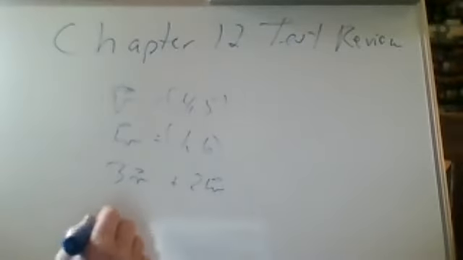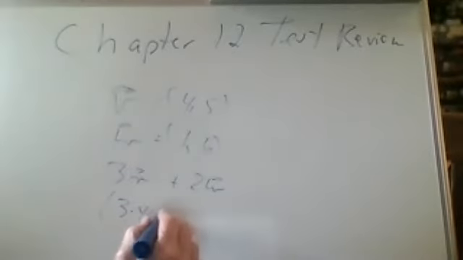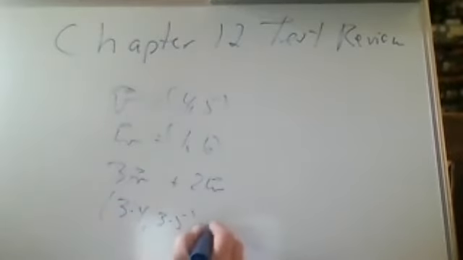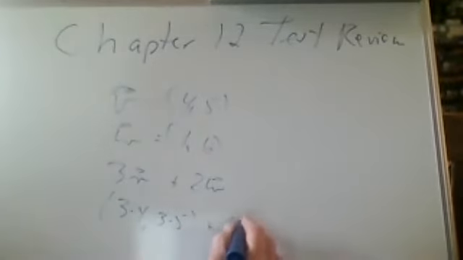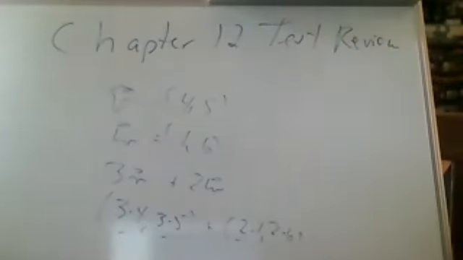Basically it's going to be 3 times 4 and 3 times 5, plus 2 times 1 and 2 times 6. Multiply this, add it to this, multiply this, add it to that. That's your answer.